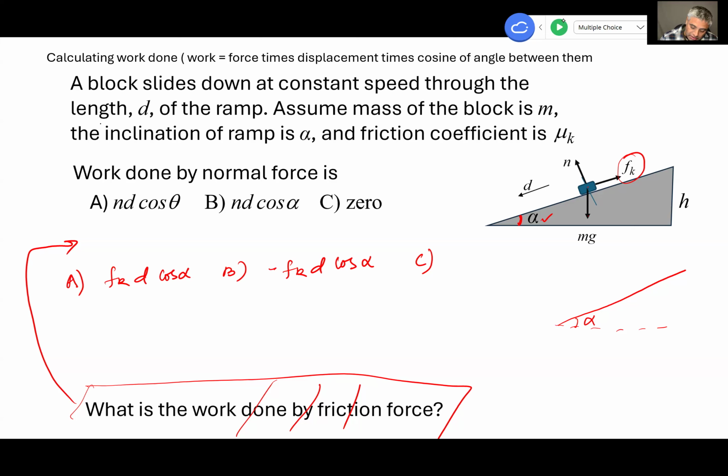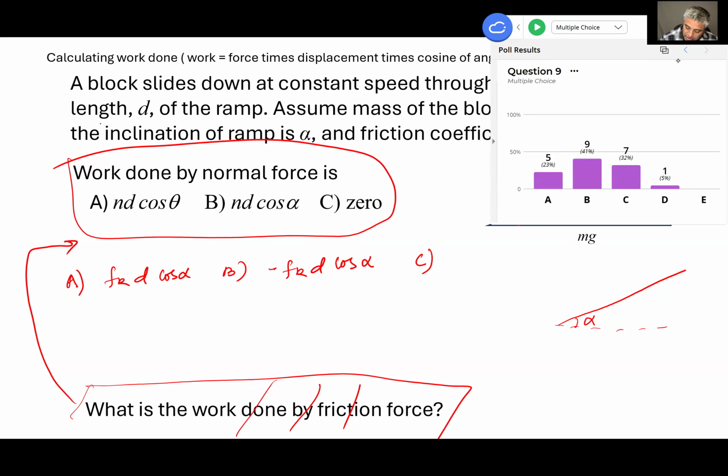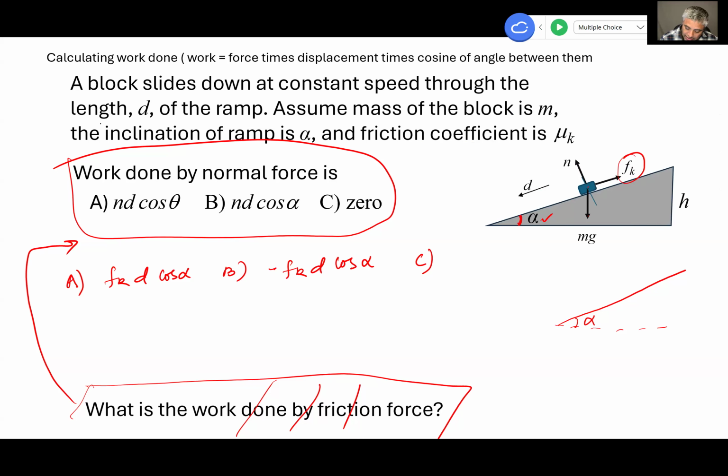Okay, so we are looking at this question. Let's see what we got here. So we got all of them, including one that is not even in the choices. Okay, so what is the correct answer?